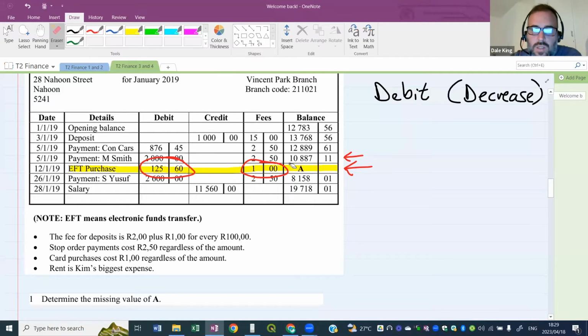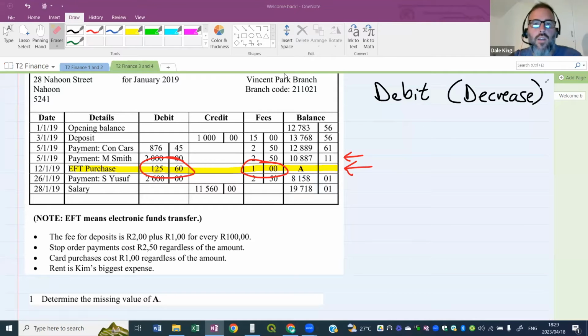The previous balance was 10,887.11. What's the new balance going to be after this occurs? Does that make sense? Yes, sir. All right, excellent. Give it a try, and then I'm going to try it now as well, and we'll see if we get the same answer.